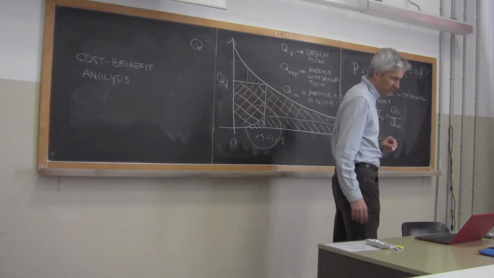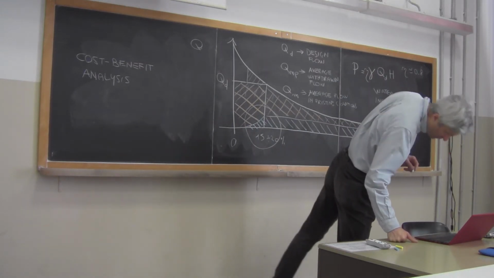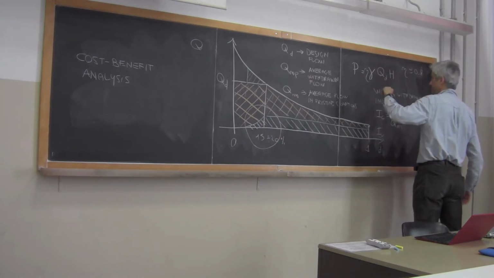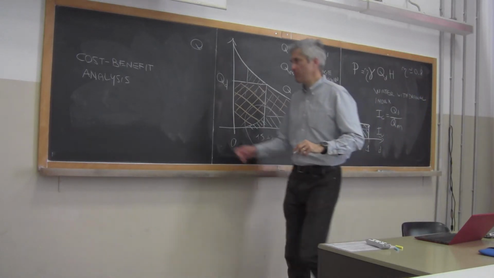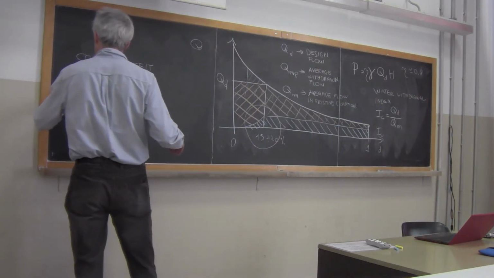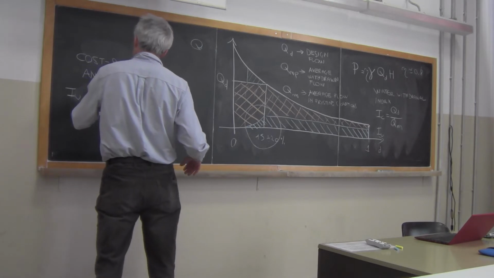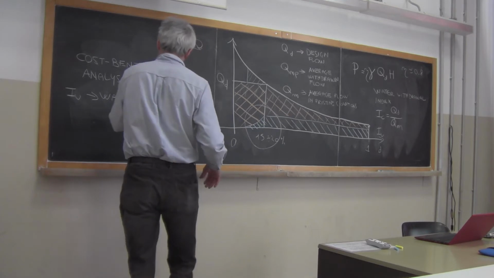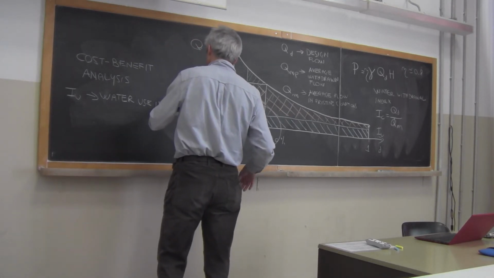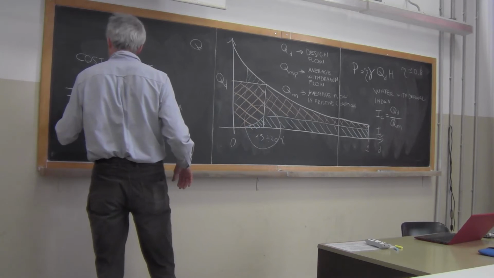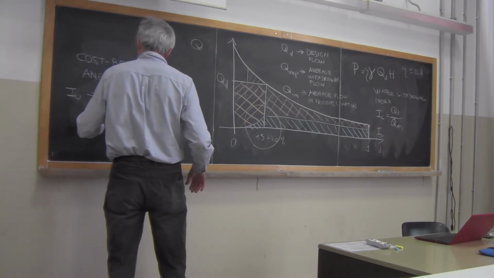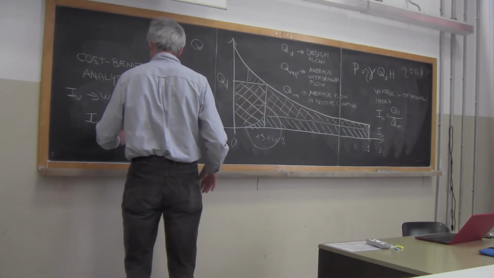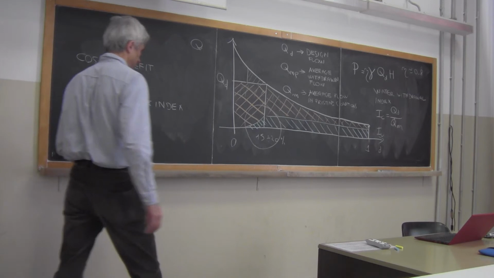And then we can define, I call it EU. EU is the water use index. This is equal to QMP divided by QM.